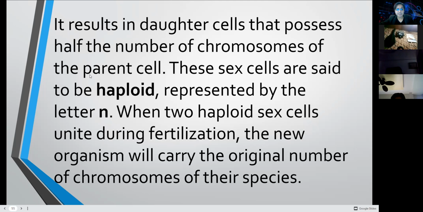These sex cells are said to be haploid. Haploid meaning half, one half only the number of chromosomes. Just like in our case, how many chromosomes does a human contain? Do you have any idea? 24. Any other idea?